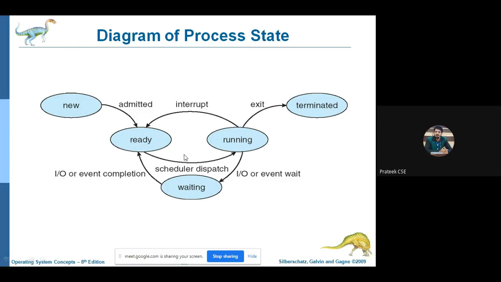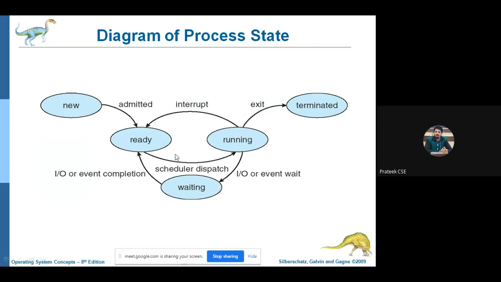So here we used to have one short-term scheduler, which is also known as CPU scheduler, whose task is to choose any one process at a time from this ready queue and assign that process the CPU.